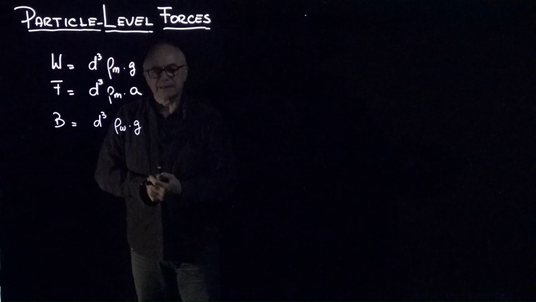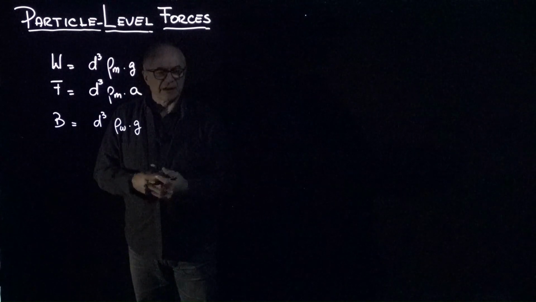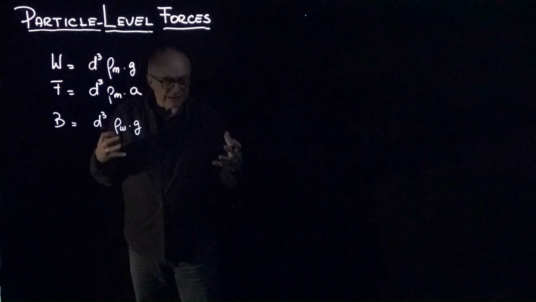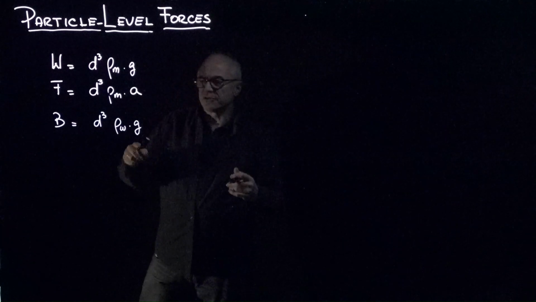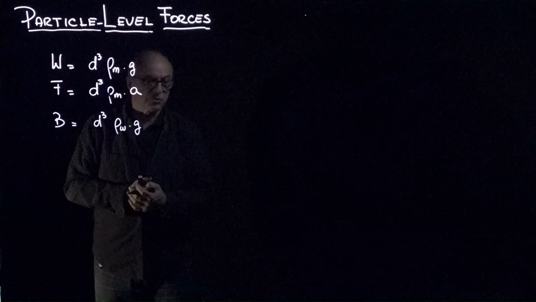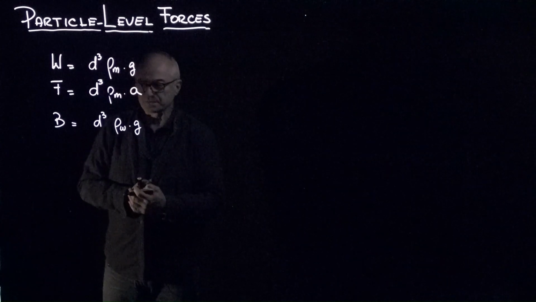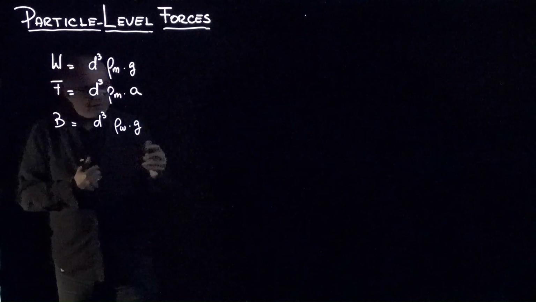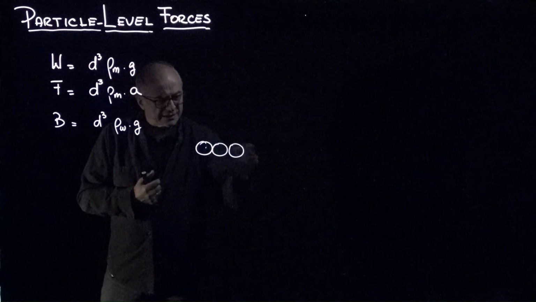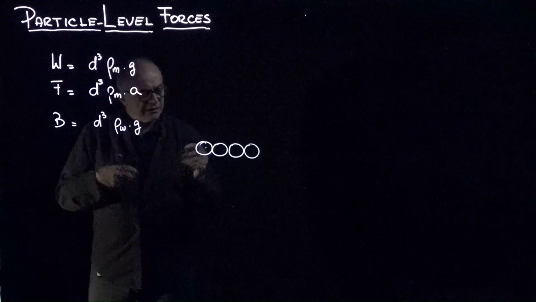As you can see, these three forces are determined by the volume. They are volumetric in nature, and therefore they scale with the scale of the particle to the cube, to the volume.